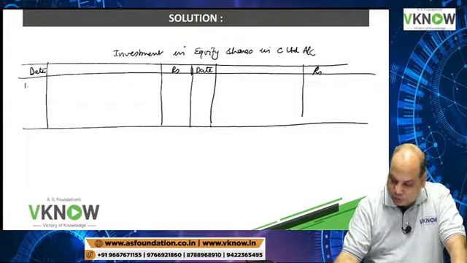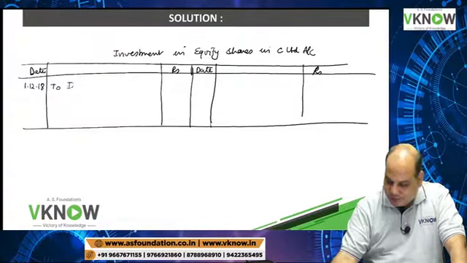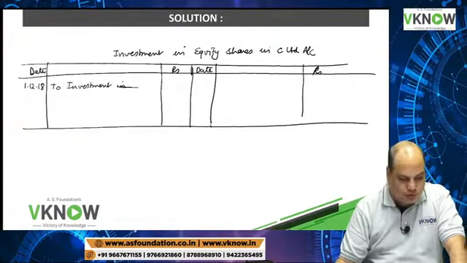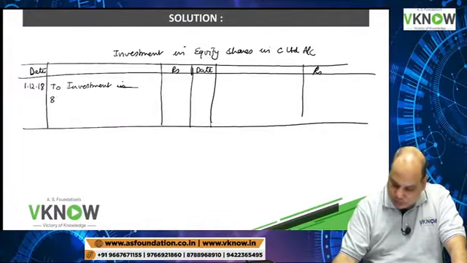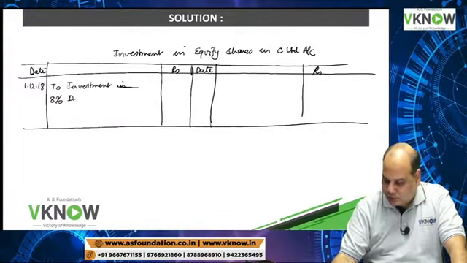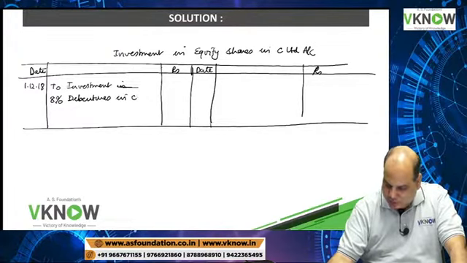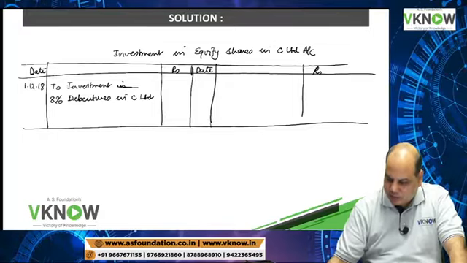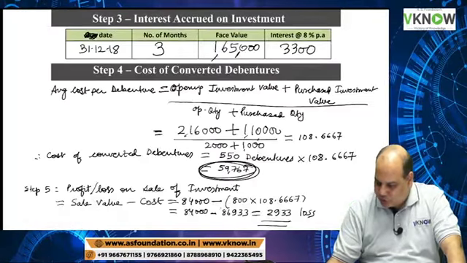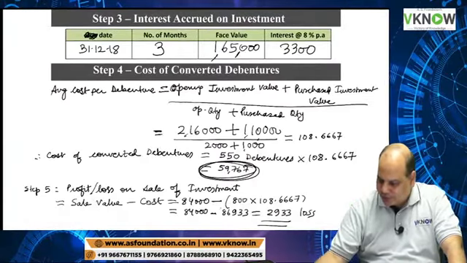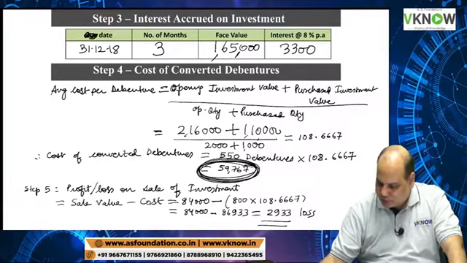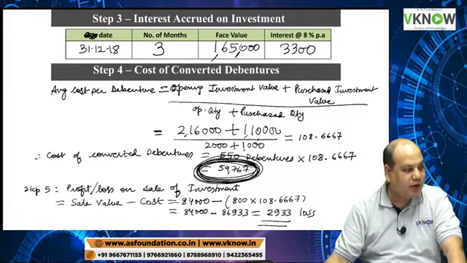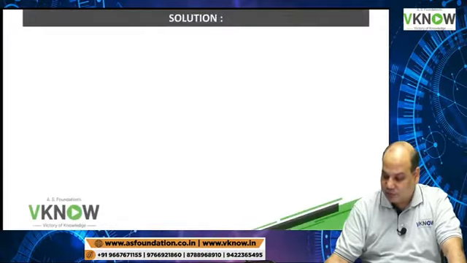So you will write down 1st December 18 to investment in 8% debentures in C Limited. So you have to go and check what was the cost. On the screen you see 59767.